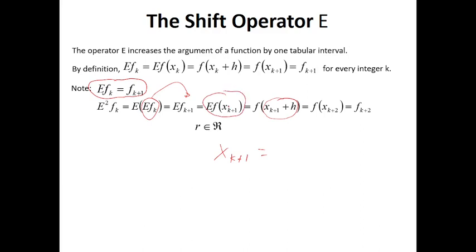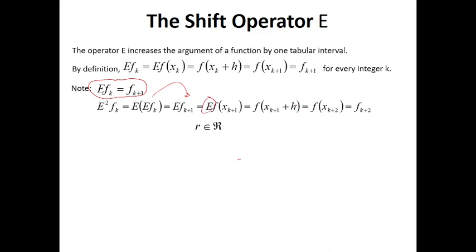E f of x sub k plus 1 is equal to f of x sub k plus 1 plus h. Nawala na yung E. Okay? Para maalis yung E, dagdagan mo ng h dito.